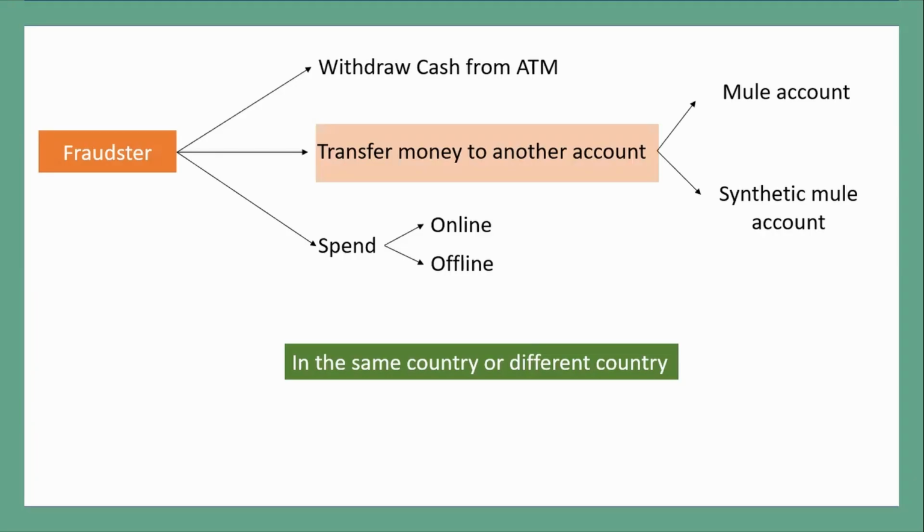So fraudsters need a mule account to transfer money, and that's how they can remain hidden. So either it will be a mule account where the mule's identity is well known, or it could be a synthetic mule account where part of the identity is true and part of the identity has been created through fake documents. So the mule account is important in terms of fraud detection.